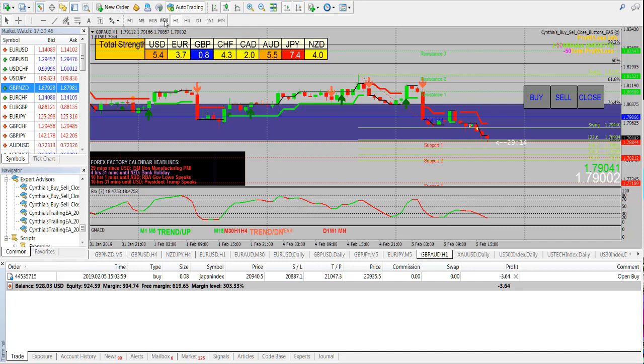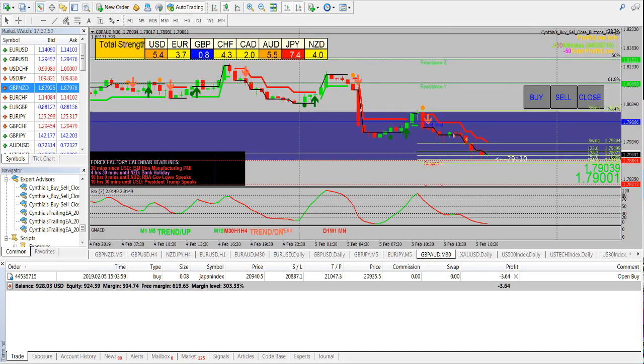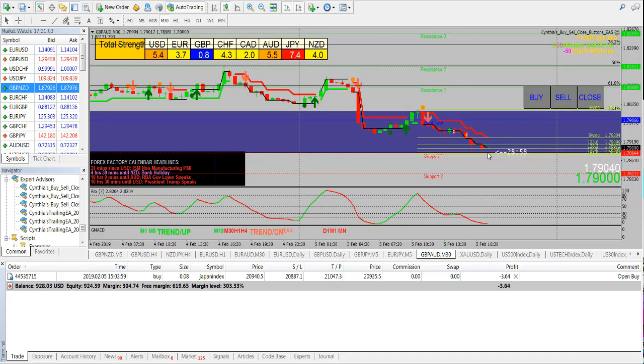So it could be that price action has just slowed down so much. Here's a 30-minute chart, and you're starting to see a green candle, and the RSI is very oversold, so I would not even consider selling at the bottom until I see some kind of pullback. I would like to see a pullback up to the swing, which is exactly where the red resistance channel line is.